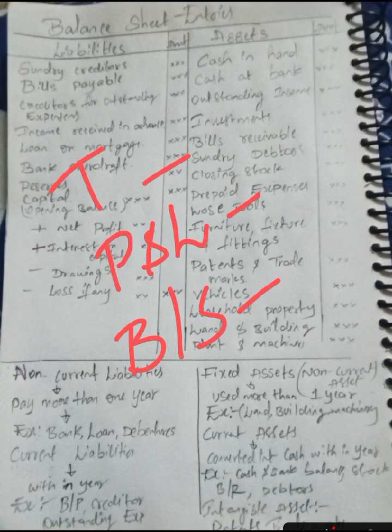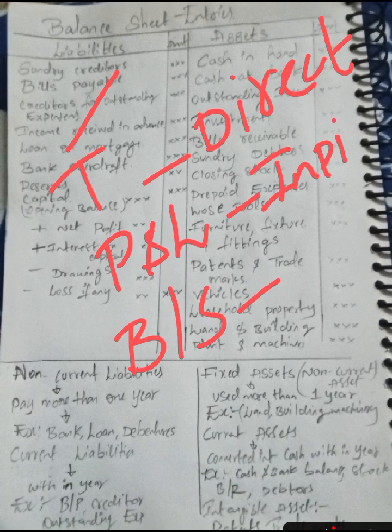In the trading account, all direct expenses and incomes, please remember, we will mention in the trading account. The trading account we will also call a manufacturing account. In the profit and loss account, we will enter all indirect expenses and incomes.